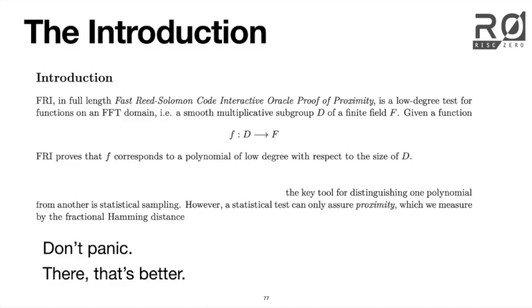So if we want the verifier to run in any sort of efficient amount of time, we have to find a way to make a proximity test good enough. And it turns out that Eli Ben-Sasson et al. have done that for us.